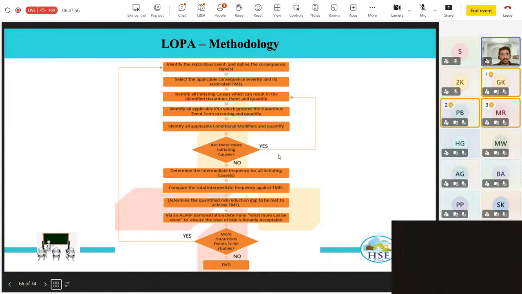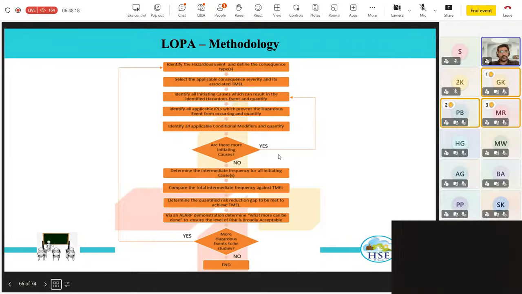So the good practice is to deal with every consequence event as an individual initiating event and look at it separately in a LOPA. Here you can define the different consequence types and deal with them one by one, because not all the consequences may have the same severity.